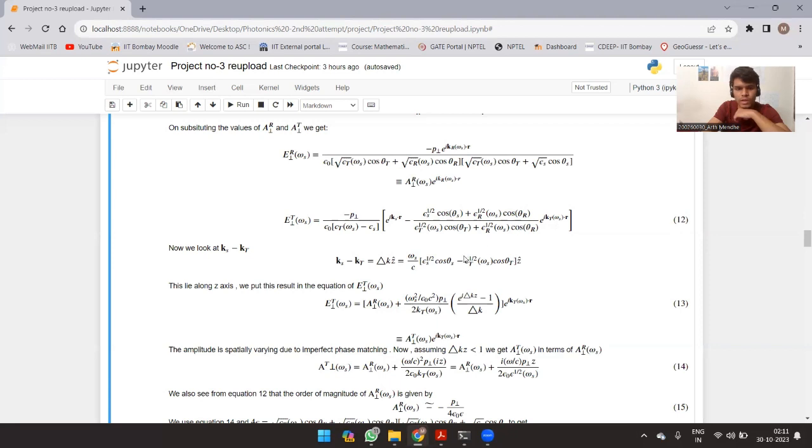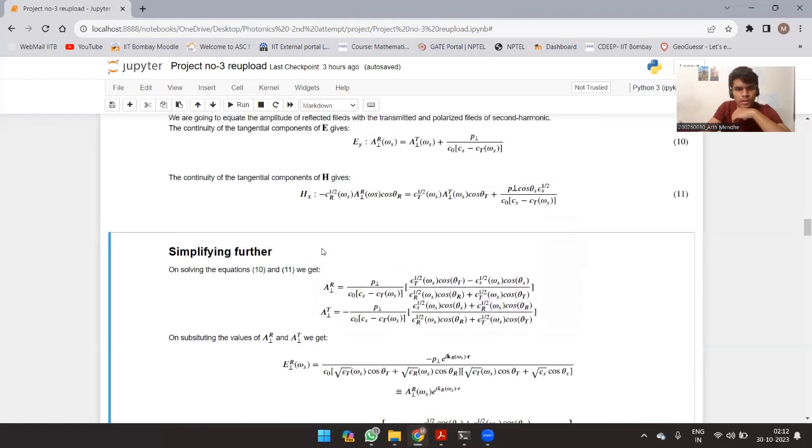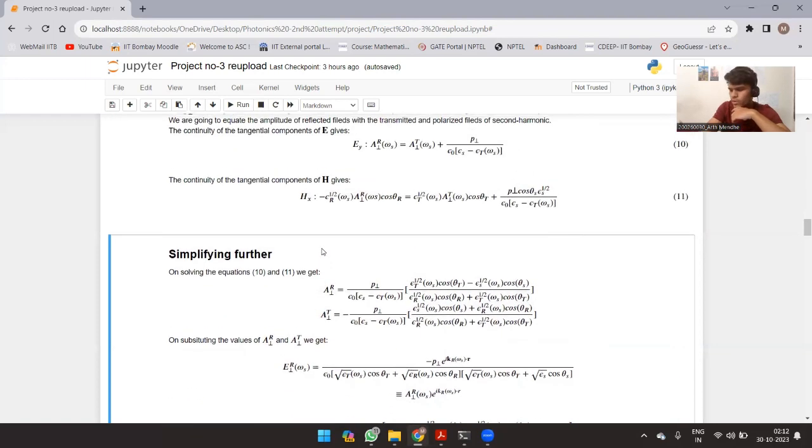With some algebraic magic, we end up with the equation of the transmitted electric field. And now, what happens if there's imperfect phase matching? If delta k is much less than 1, Divyash takes care of that. And yeah, we'll meet in a second.